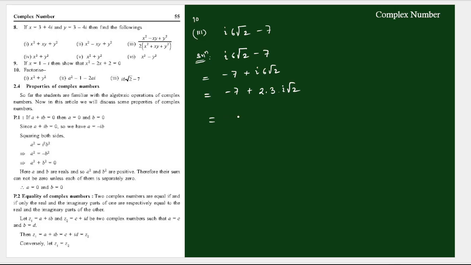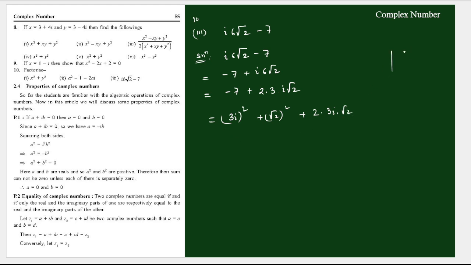Okay, let's take 3i. Okay, 3i square, then root 2 square, 2 into 3i root 2.